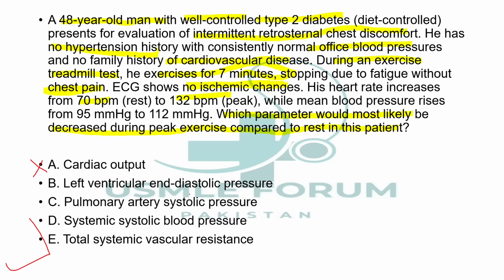Talking about the left ventricular end diastolic pressure. Now, you have to understand that the LVEDP, in most situations, is equal to the amount of blood in the heart at that moment because it is the pressure that is exerted by the walls of the heart.